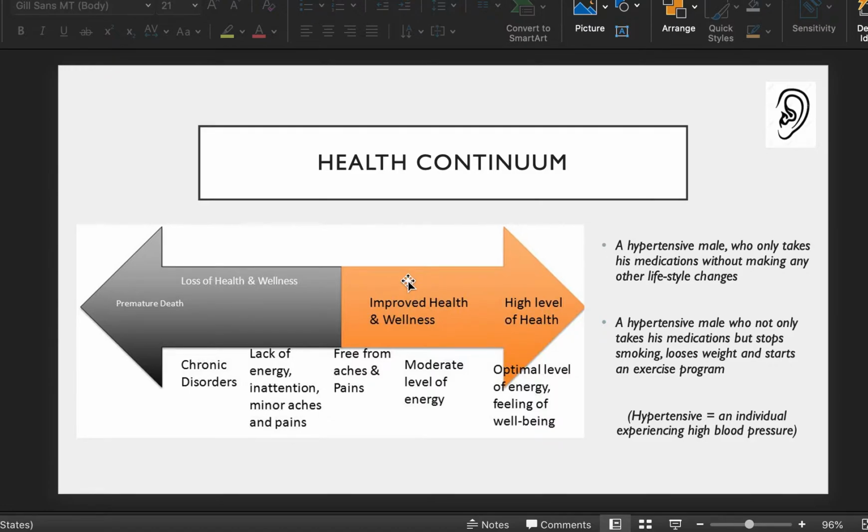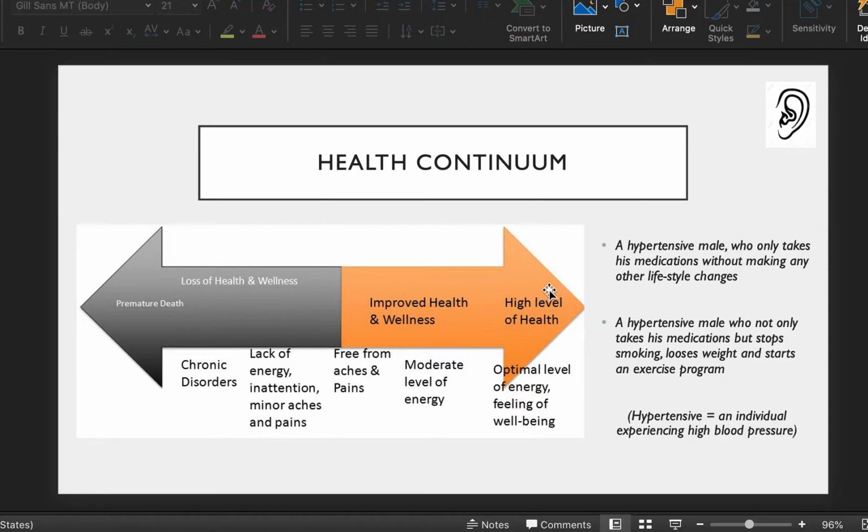So on this continuum, we have a high level of health over here. And as you can probably assume, all the things that you've been learning about for years and years, physically active lifestyles, maintaining a good balance of exercise, maintaining a good diet, and that diet has a good mixture of all the different health and food groups, that's somebody who will have a high level of health.